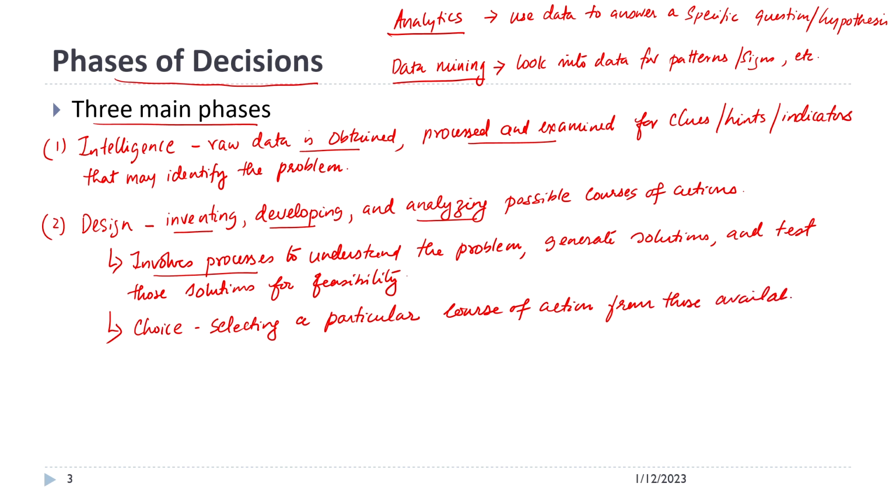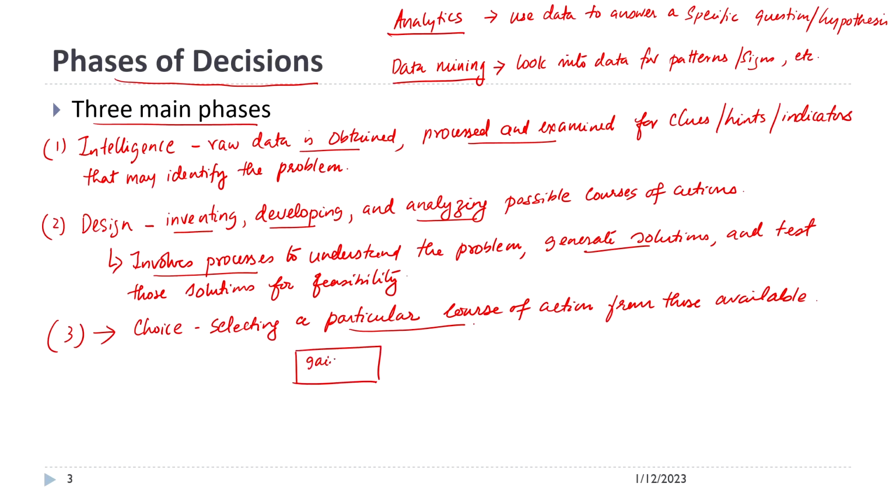You have generated various solutions, and from those available solutions, you identify a particular course of action. You make a choice: this is what I am going to do. In my opinion, we also call choice the third part of it.